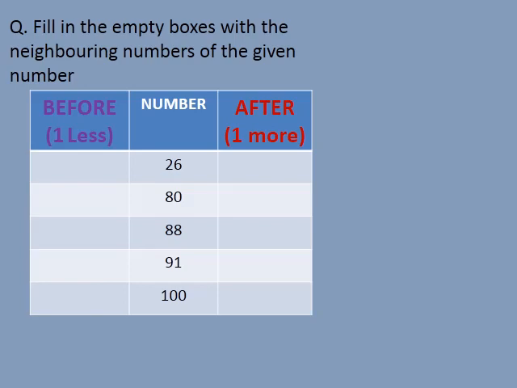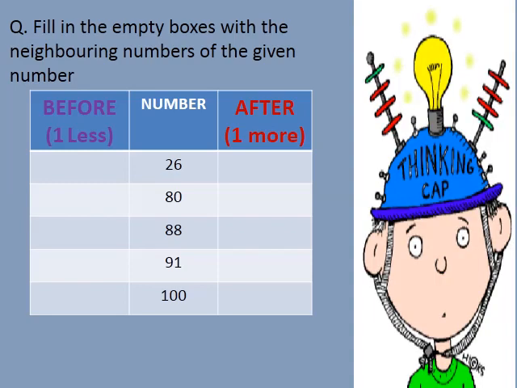So children, let's try to find out the neighboring numbers of the numbers that are given here. Let's put on our thinking cap. So the first number is 26 and let's find out one less, that is the number before 26 and the number after 26.